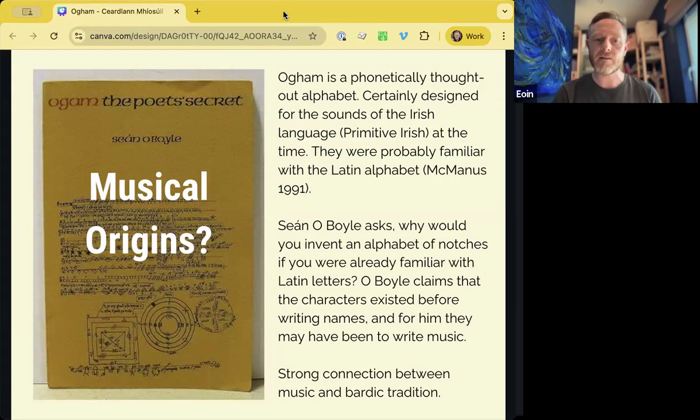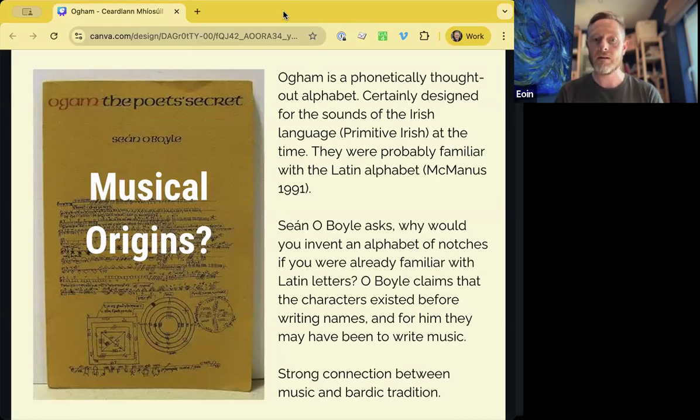But O'Boyle asks, why would you invent an alphabet of notches if you're already familiar with the Latin letters? Why would you do that? His claim, from what I understand, is that these characters or symbols existed perhaps before being assigned to letters, assigned to pronunciation parts or phonetics of the language.